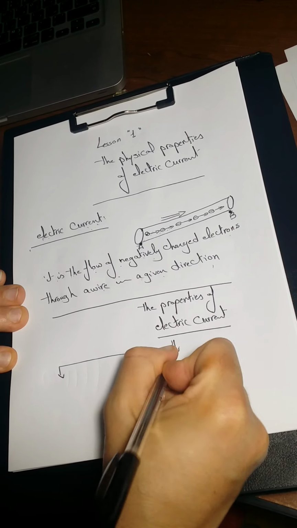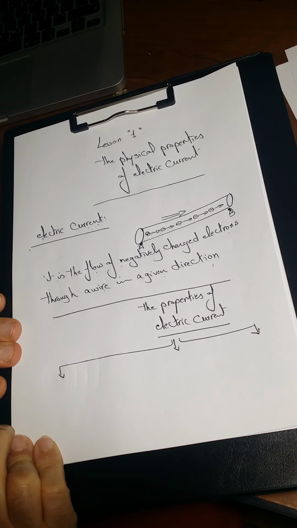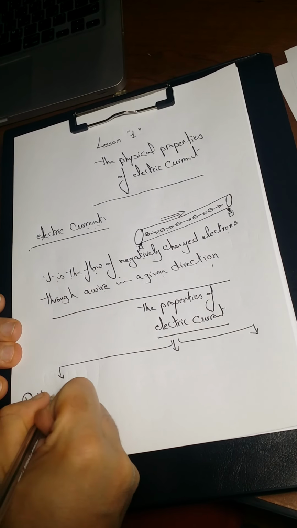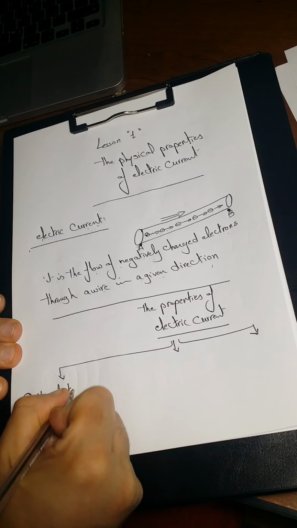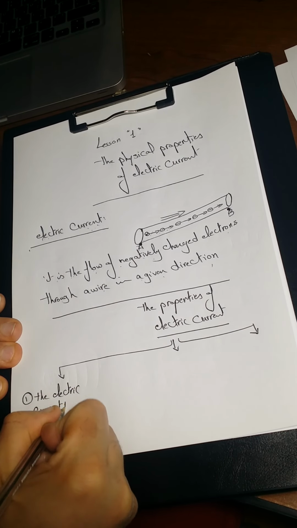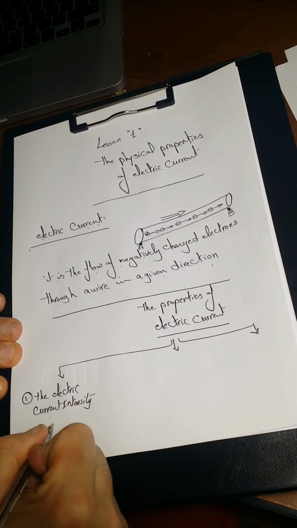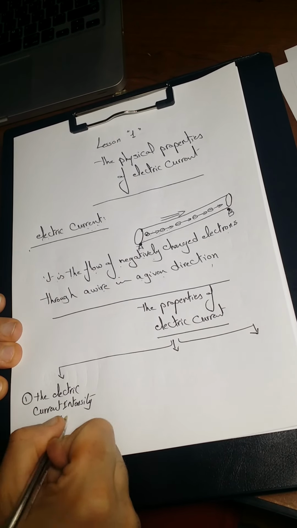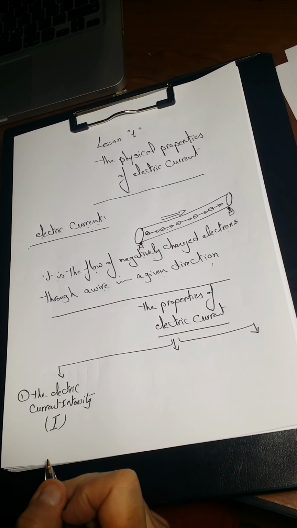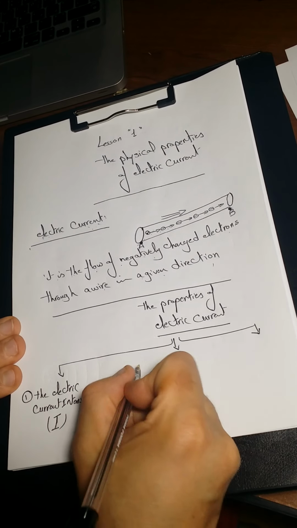Actually, we have three physical properties of electric current. Number one, the electric current intensity, denoted with capital I, which is the strength of the electric current.